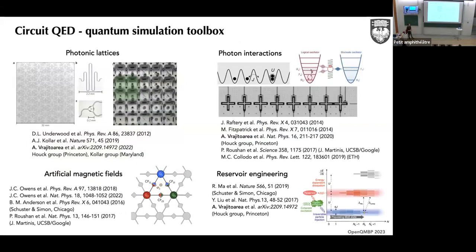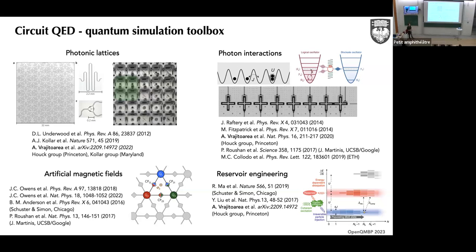And the circuit QED community has developed a lot of the tools that you would need to implement these artificial quantum materials with microwave photons. There's been a lot of effort in confining photons in lattices of microwave resonators that gives them an effective mass similar to electrons in a solid.